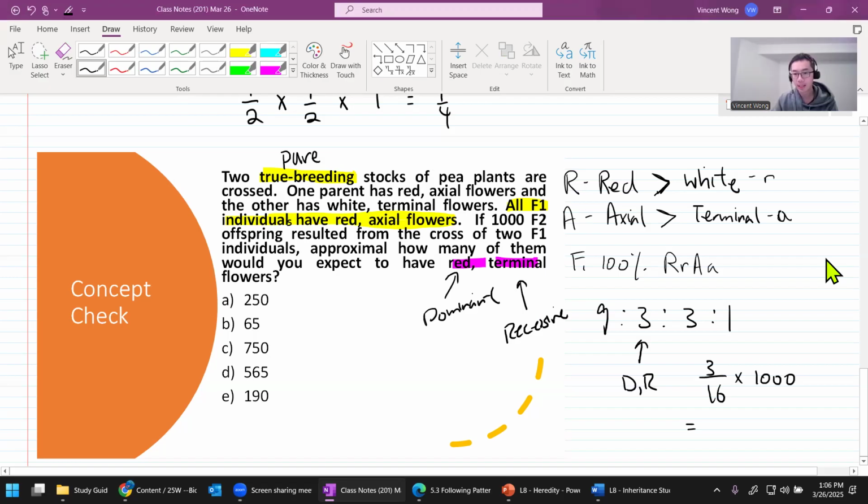So you go ahead and key it in. 3,000 divided by 16, which is 187.5. And so you choose a number that's closest to it, 190. It's not going to be exactly 187.5, so you would find the closest number.